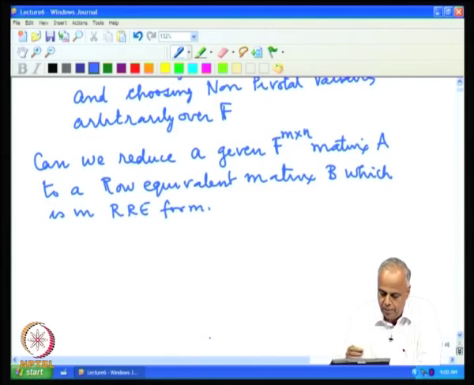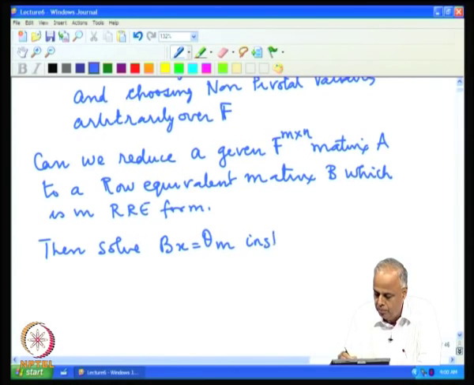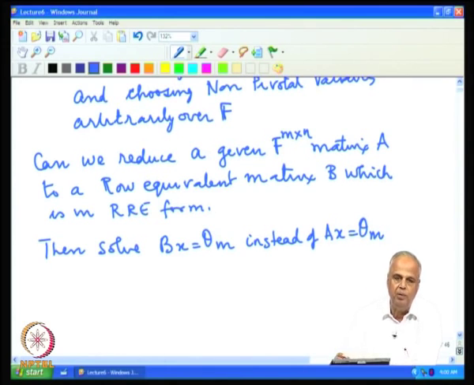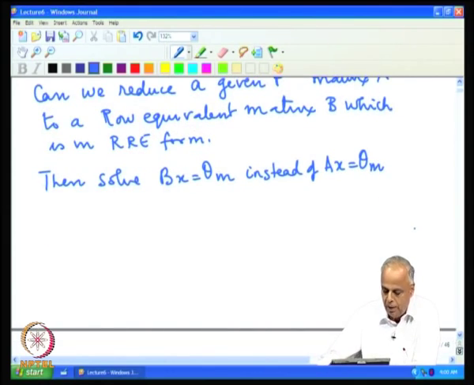This would enable us to solve Bx = θm instead of Ax = θm. And since Bx = θm is easy to solve, being in row reduced echelon form, we would have solved the system Ax = θm. So, the main question was the reduction process.